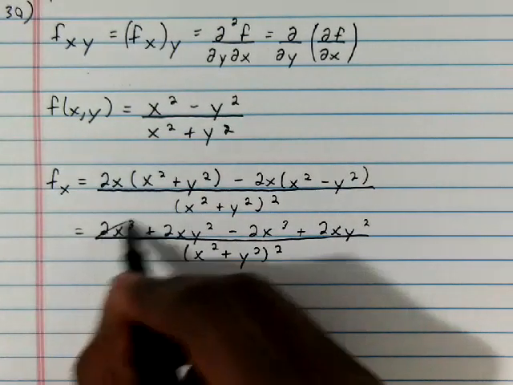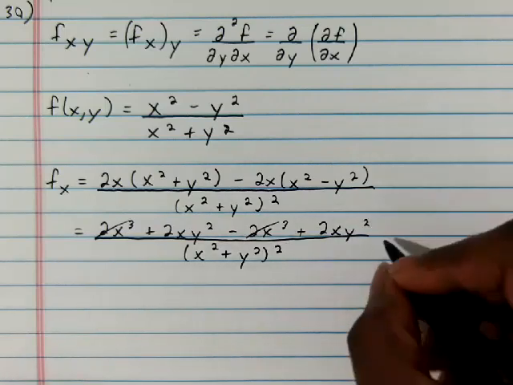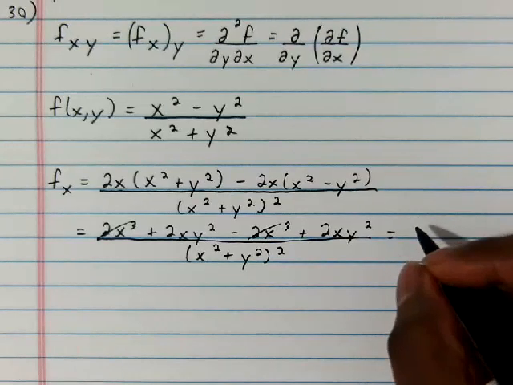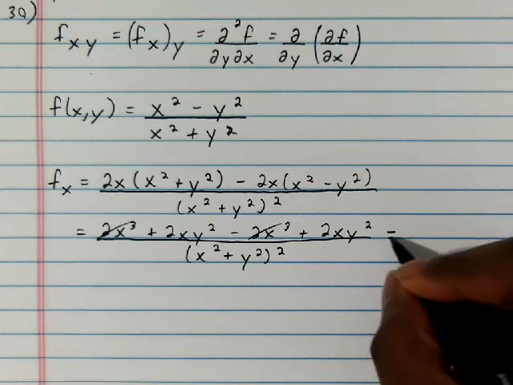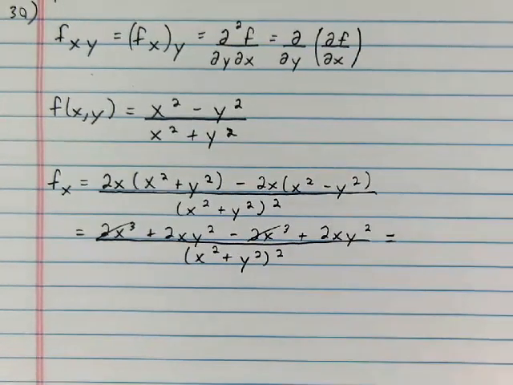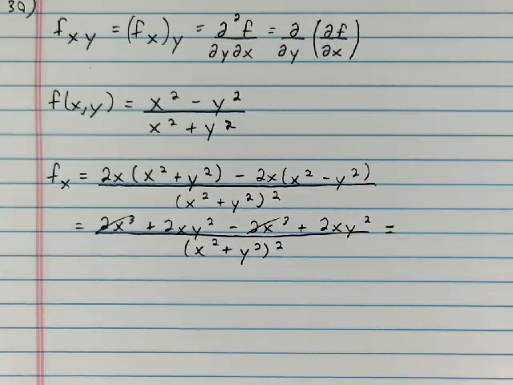So these two terms cancel, and this is just equal to 4xy squared. And so for these, now I know I've said a lot, don't simplify if you don't have to. This is where you absolutely will want to simplify because you don't want your derivative to become more complicated.